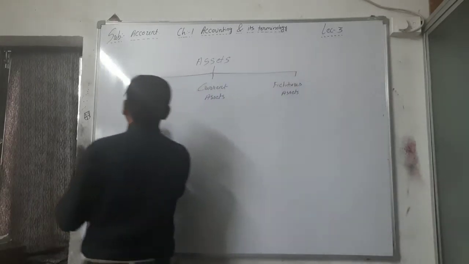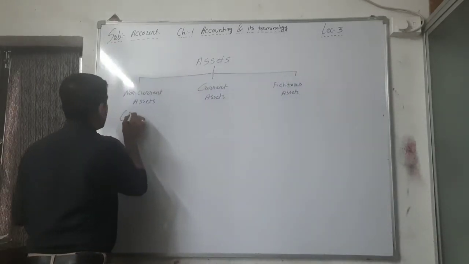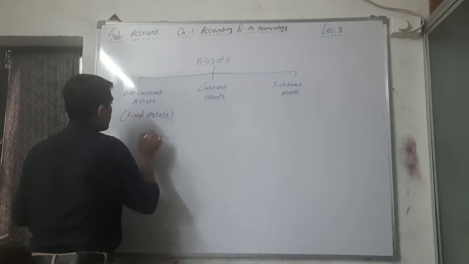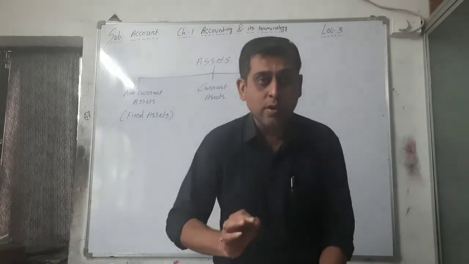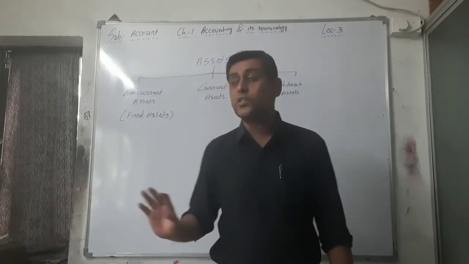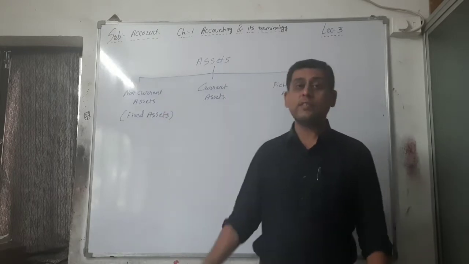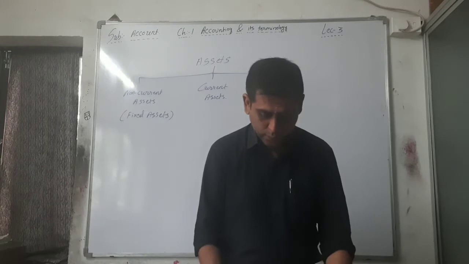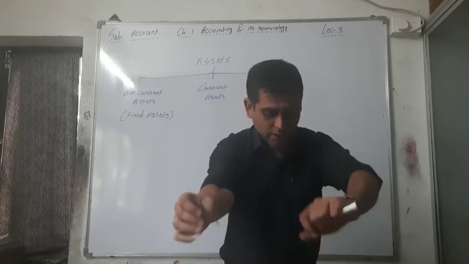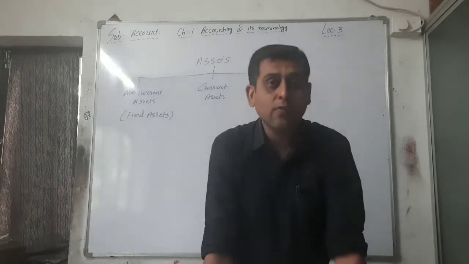The second name for that is fixed assets. It is fixed for more than 1 year. That's why it is called a fixed asset, or you can say a non-current asset. Okay, so turn the next page and see the details of non-current assets.